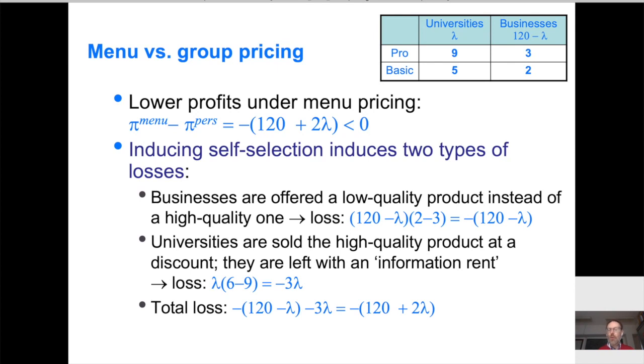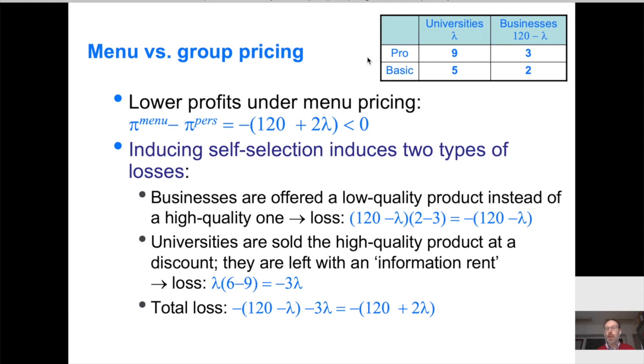For a similar reason, in order to induce self-selection, you've introduced on the market this basic version, which is now another possibility which is given to the universities. And so what they're willing to pay for the pro version now is just the extra value that the pro version gives them with respect to the basic version. Whereas on the group pricing, the only choice that they had was the pro version.